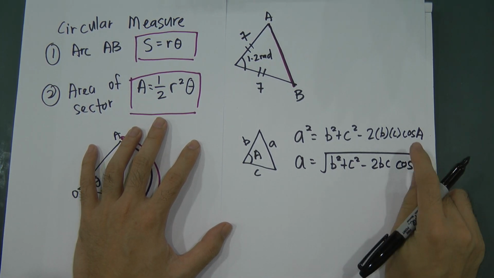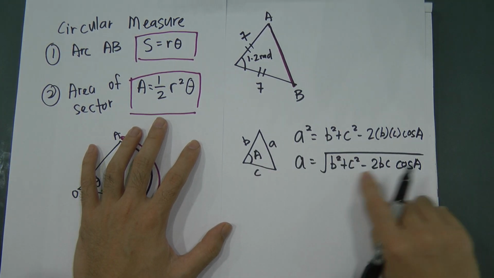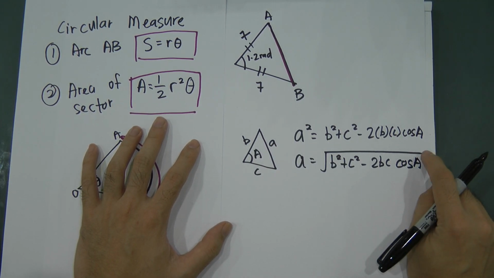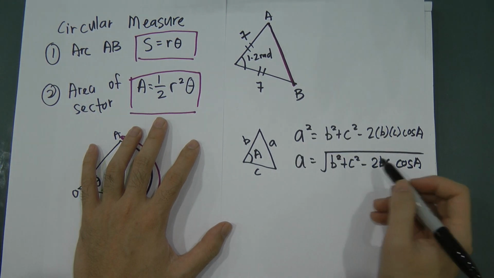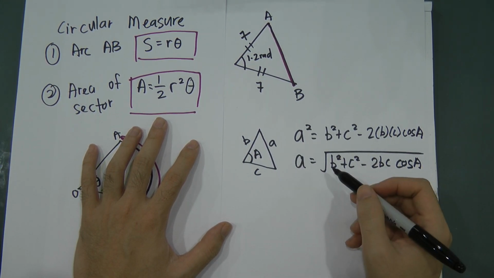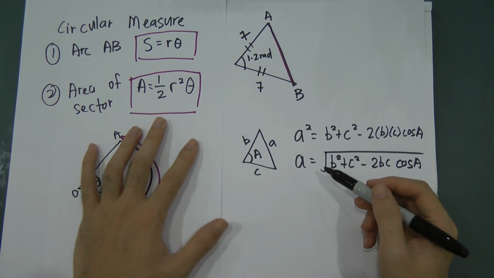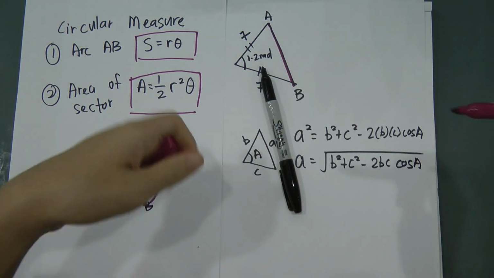Alright, actually you don't need to worry so much about this formula, because in your exam this formula is given on the first page of your formula list. However, you need to understand when to use this formula. You use this formula only in two conditions.